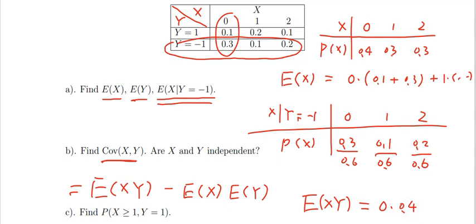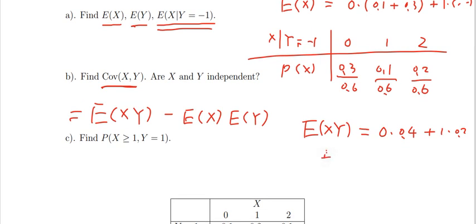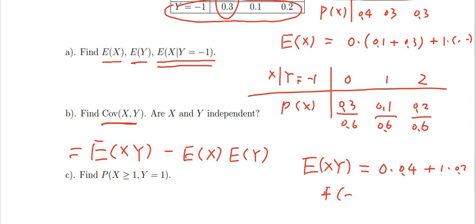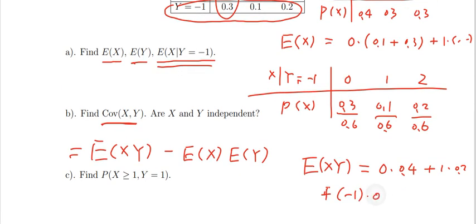Then x equal 1, y equal 1, so x times y is 1, and the probability is 0.2. We check all possible ways. So x equal 1, y equal -1, then x times y is -1, and the probability is 0.1.